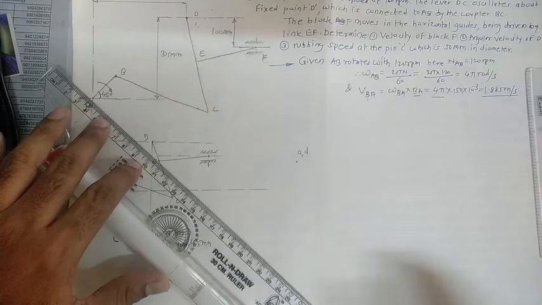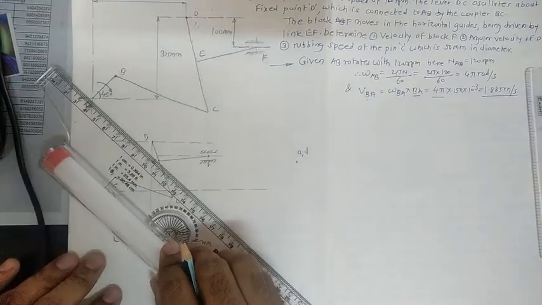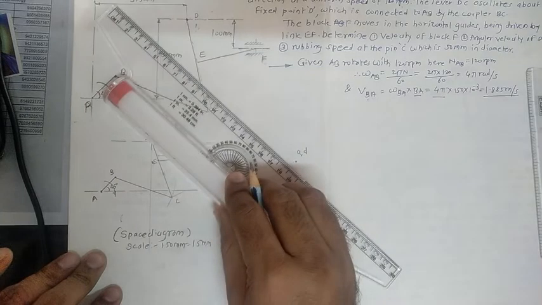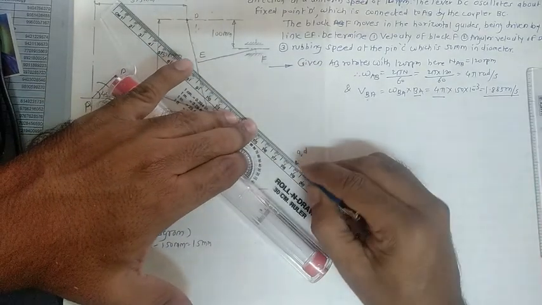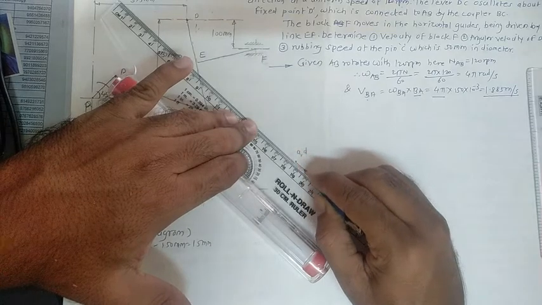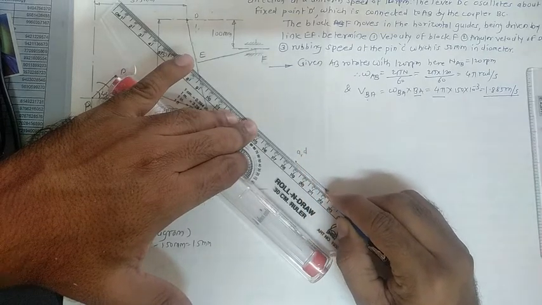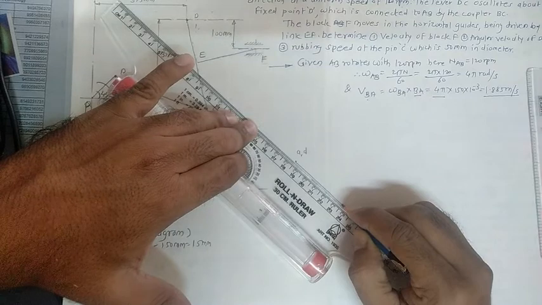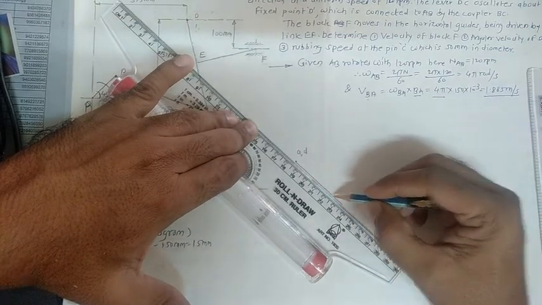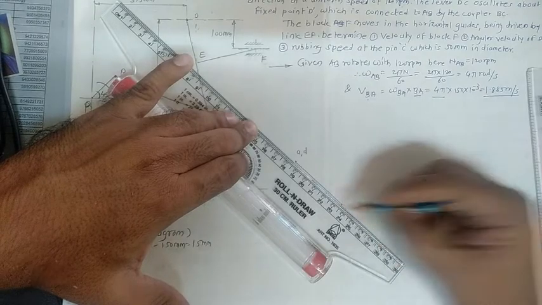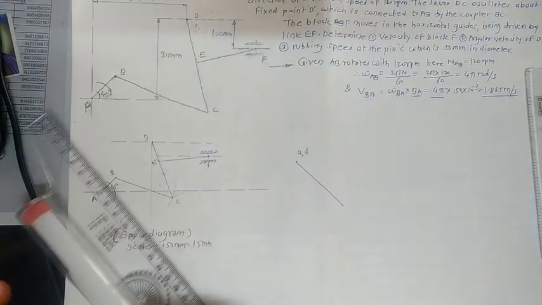In this way, just roll your roller scale, and at a distance of 50 mm, just mark one point. This point is nothing but the B point.